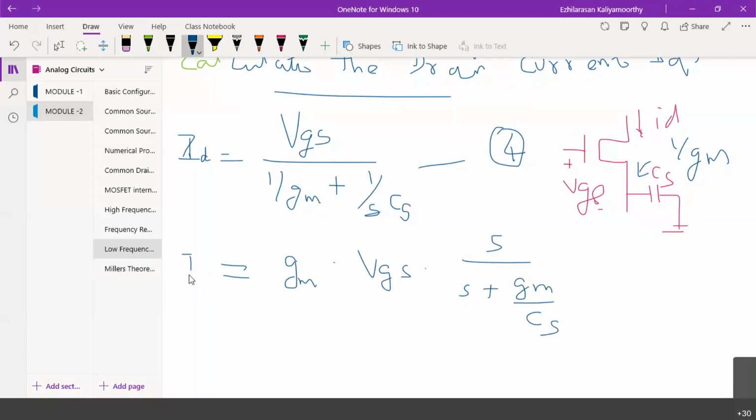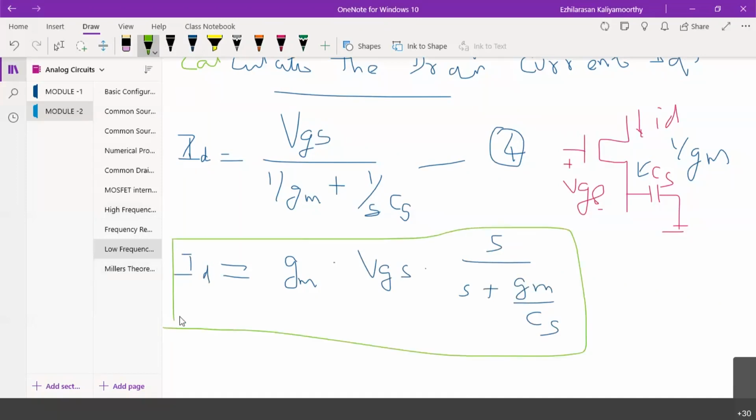This is ID. We'll get this expression. This is expression number 5. Actually, this expression number 8 I will write; the 5, 6, 7 and all in between, just do the calculations yourself to see how we got this ID.